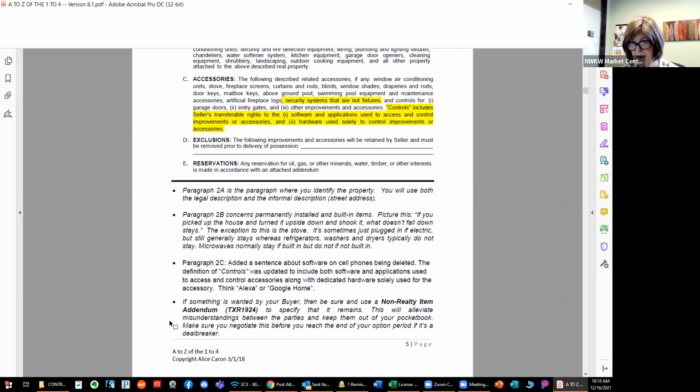But if you represented a buyer, you'd want to do that non-realty item addendum, the TXR 1924, to say, I want the refrigerator, washer, and dryer currently in the home, and include that. Quite honestly, if there's anything in those special items like that, washer, dryer, refrigerator, I always took a picture of it.